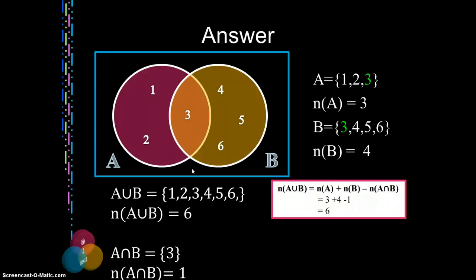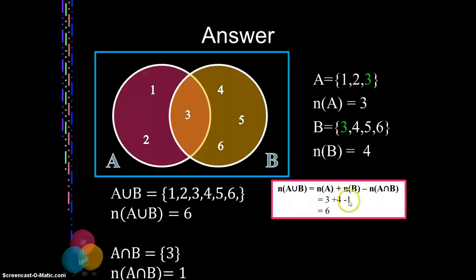And if we are to use the formula for the cardinality of the union of sets A and B, we can have this equation. Since the cardinality of A is 3, because there are 3 elements in A, plus 4, the elements of B, minus 1, because there is only one common element in the intersection.